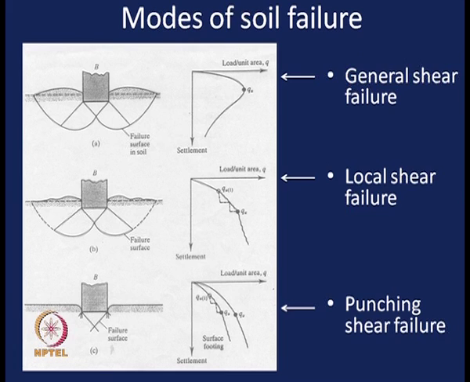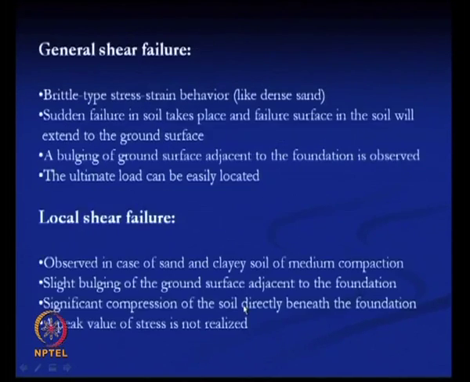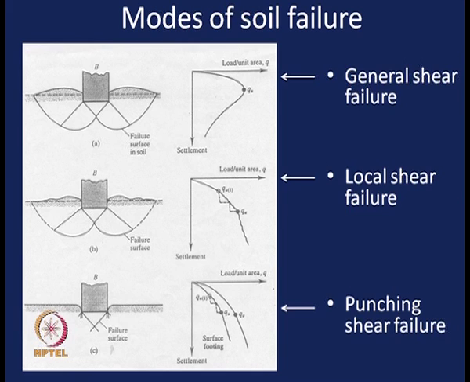After that, this line is basically linear and very steep. So the point after which the line is linear and very steep, and the corresponding load, is called the ultimate failure load in the case of this punching shear failure.